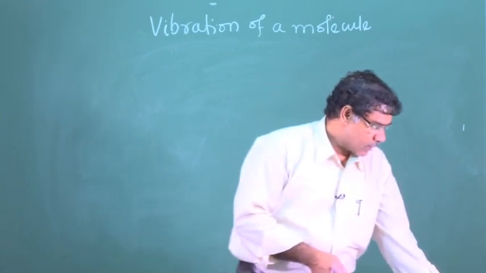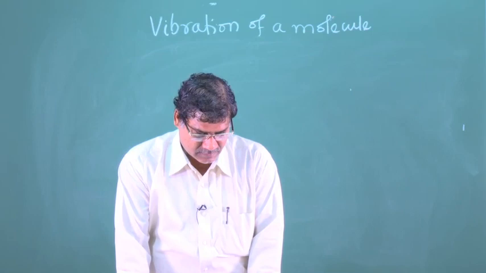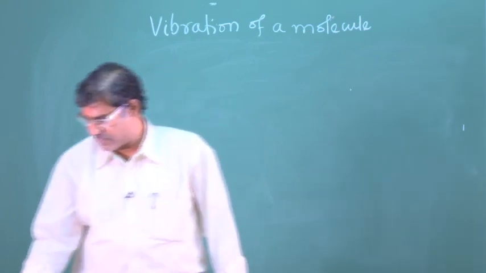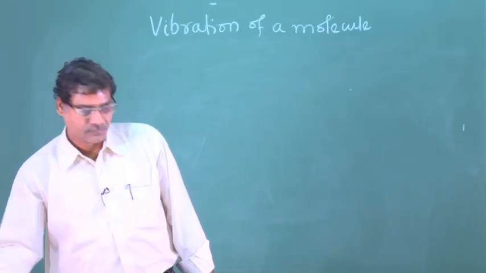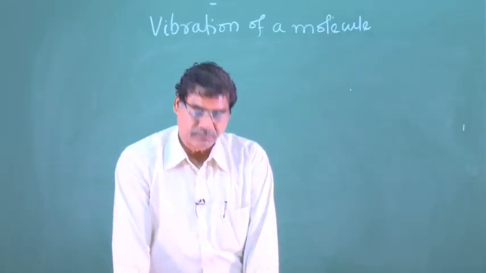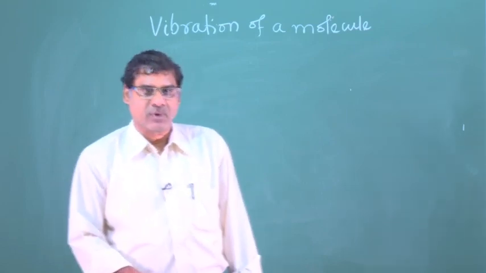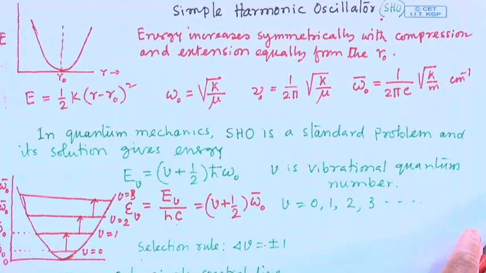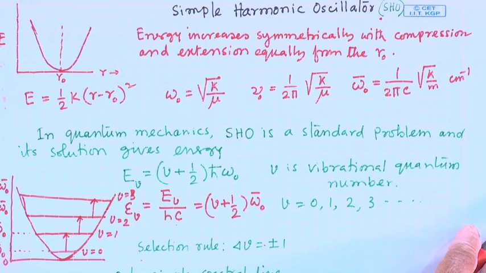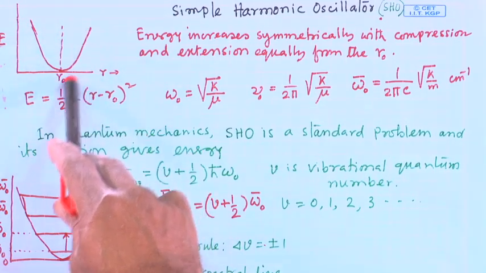So, what we have seen is that if we take the vibration of a molecule as a model of simple harmonic motion, a simple harmonic oscillator, its potential energy changes like this.